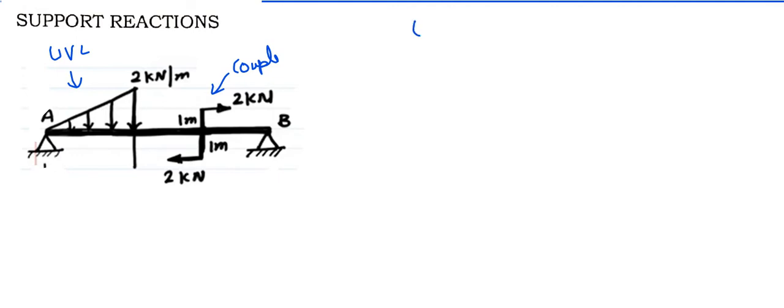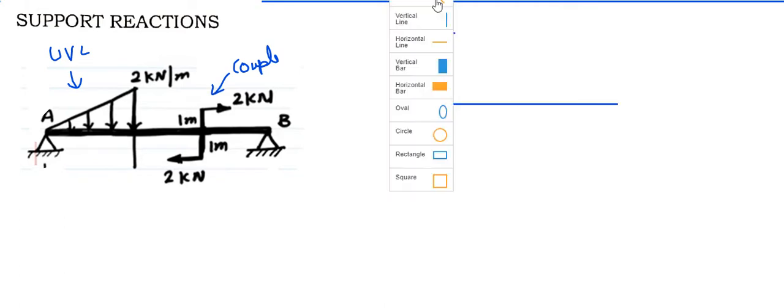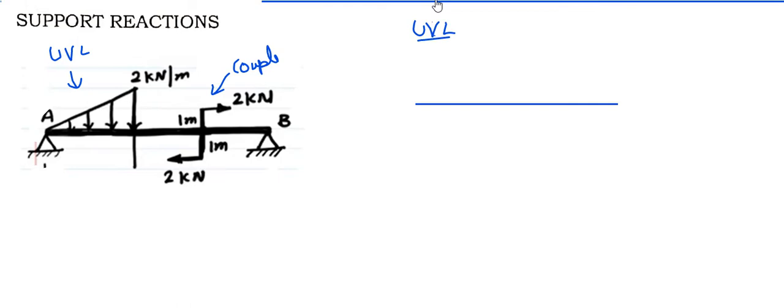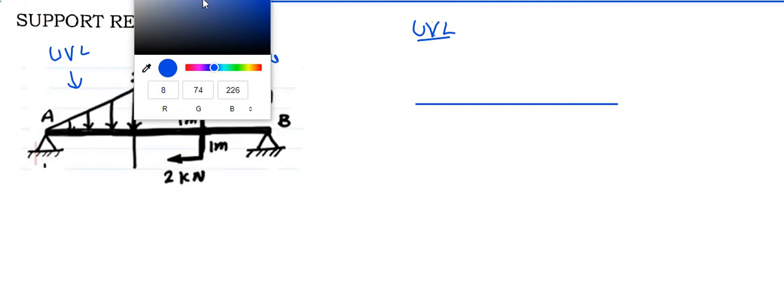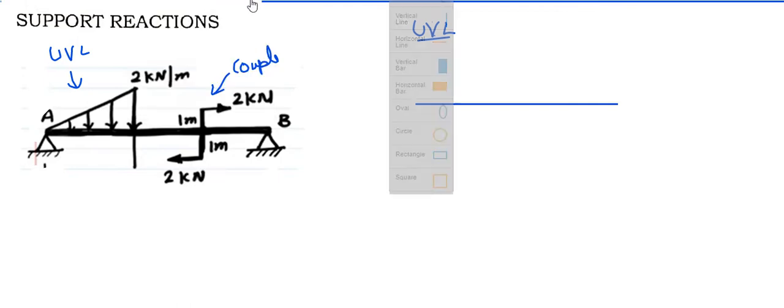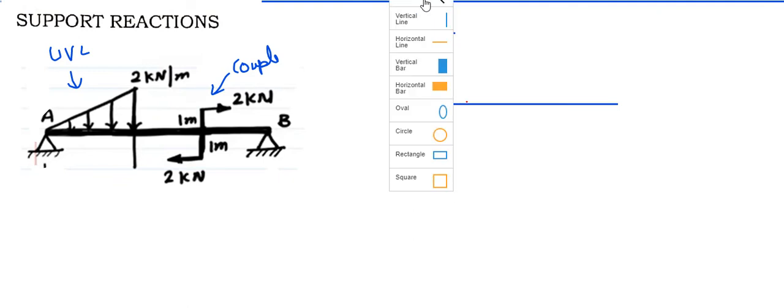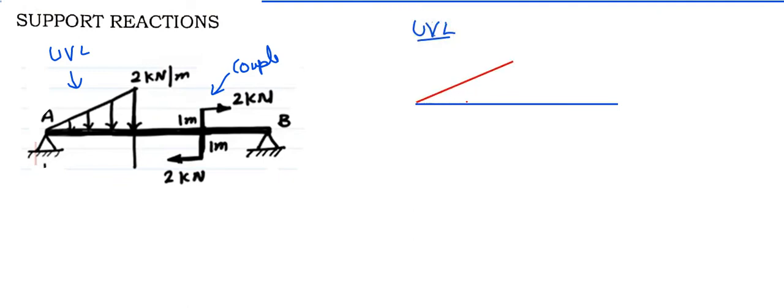First, consider the UVL, uniformly varying load. Earlier was UDL, that is uniformly distributed. This is uniformly varying. So when you have a uniformly varying load acting at a section, let's draw it. A uniformly varying load is just like a triangle, having a load that starts from 0 to a maximum value at a section.